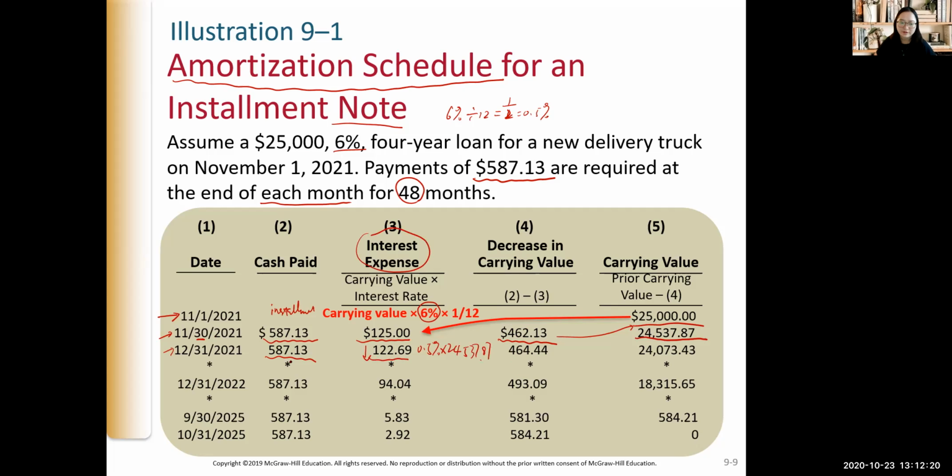So the portion of the installment that goes to interest is decreasing, and the portion that goes to principal is increasing, right? So the reduction of the carrying value of the note outstanding, this $464, is increasing.